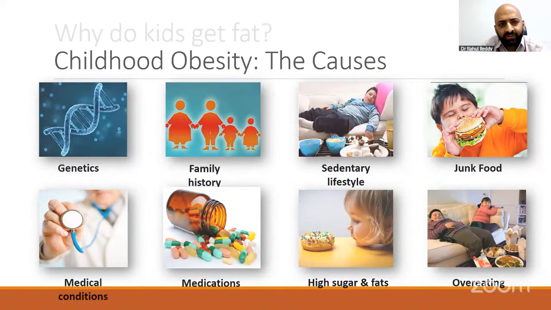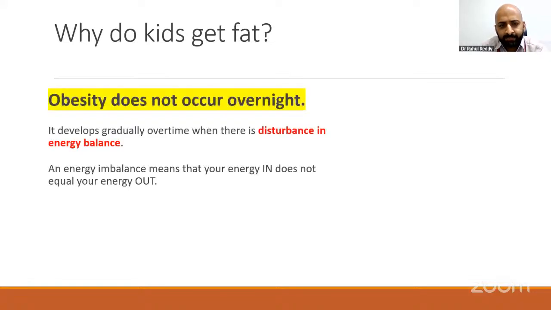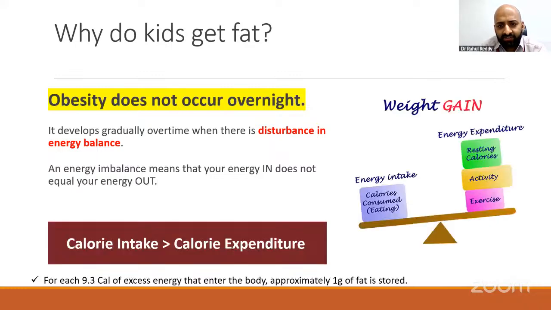And why do kids get fat? Most of the kids that we see have exogenous obesity or simple obesity. And obesity in these children does not occur overnight. It develops gradually when there's disturbance in the energy balance, when the intake is more than expenditure. So when the calorie intake is more than calorie expenditure, then it gets stored as excess fat in the body, and that's when children become obese.